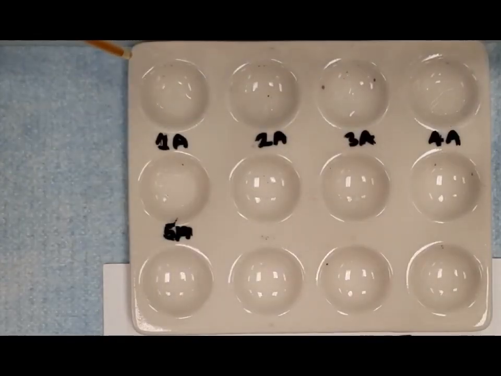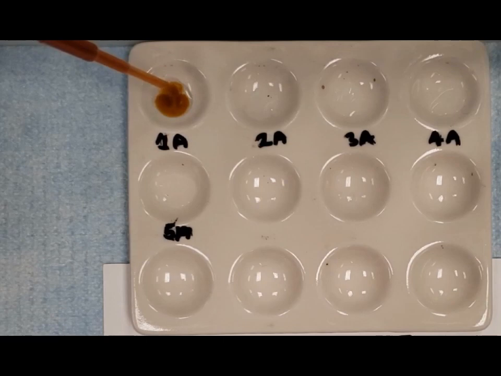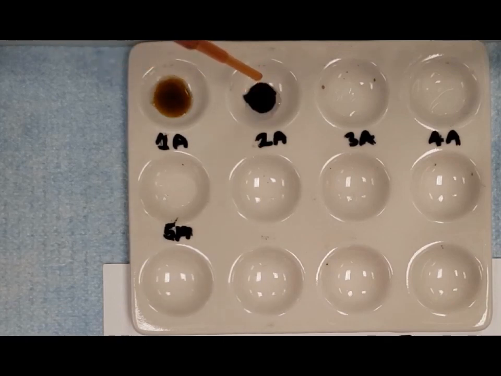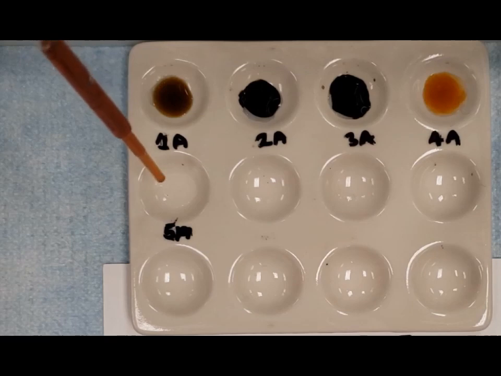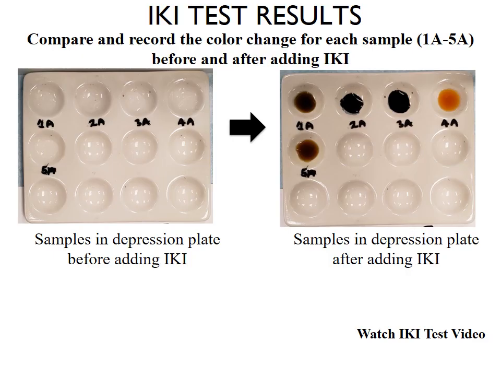So this is a demonstration of the IKI test, and you can already have your samples there. And once you add the drops of your IKI, you can see how the color is changing, and the color will reflect if you have starch in it or not. Like the 2A and 3A, you can see that the color is blue black, which tells you that there's starch in your samples compared to the rest of your samples.